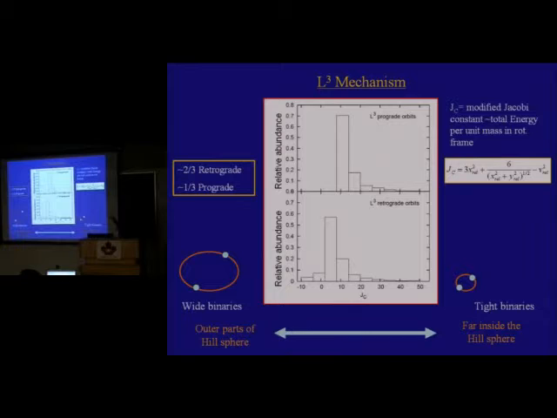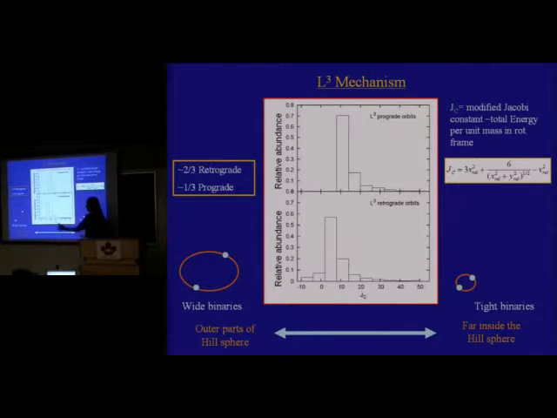So I just ran a simulation and formed binaries by letting three bodies encounter each other, and then looked at what kind of systems you get, and it wasn't a surprise. This is in units of the Jacobi constant in Hill units, but if you're not familiar with it, it's not so important.